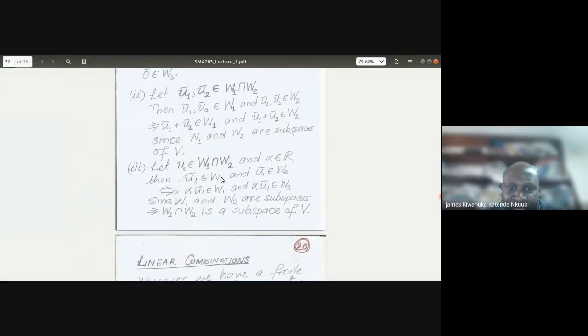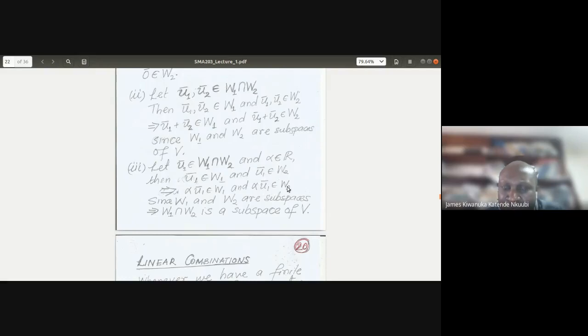The next property is that if U1 is in the intersection, then a scalar multiple should be in the intersection. That's what we need to show. So if it's in the intersection, again, we recall that it must be in both W1 and also W2. And since W1 is a subspace, if I multiply any vector in W1 by a scalar, I will get another vector in W1, so that alpha U1 is a vector in W1. The same thing happens with W2.